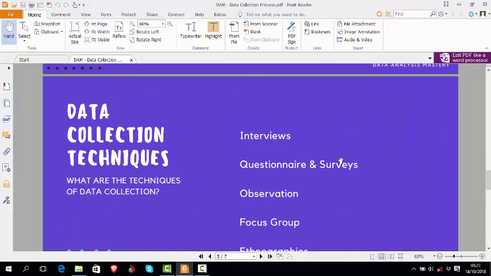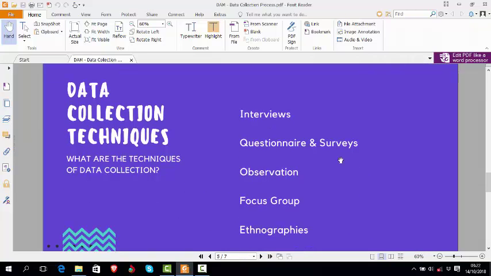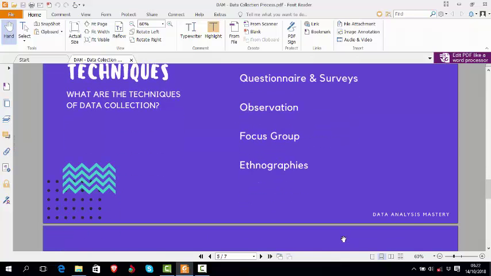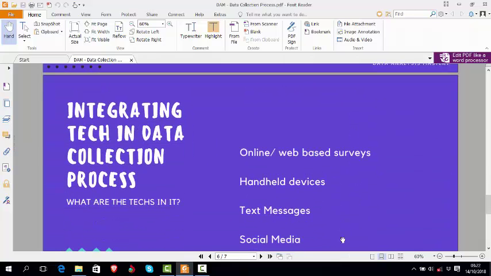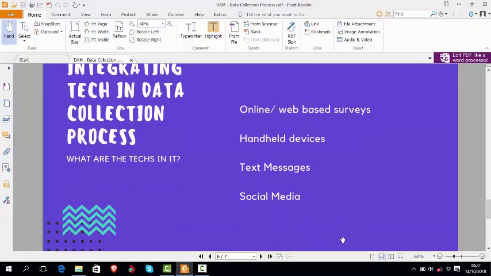Know that your data collection techniques could fall into any of these or more of these at a particular time: interview, questionnaires and survey, observation, focus groups, or ethnographies. Then understand very well the tech integration in the data collection process. These will help you properly collect your data.